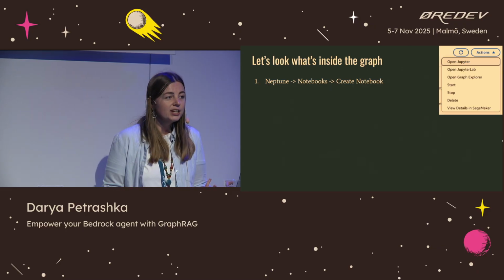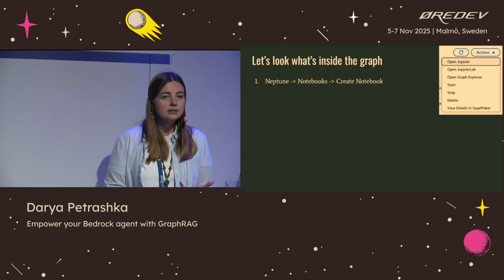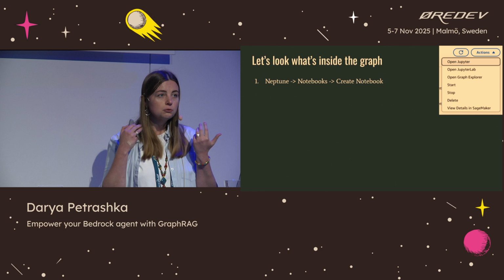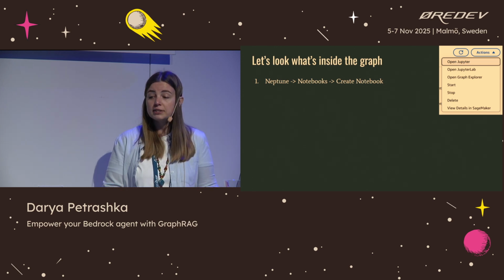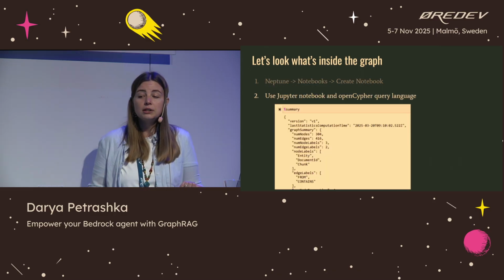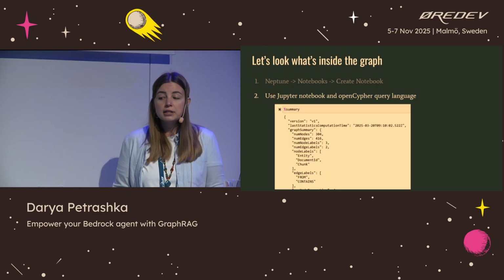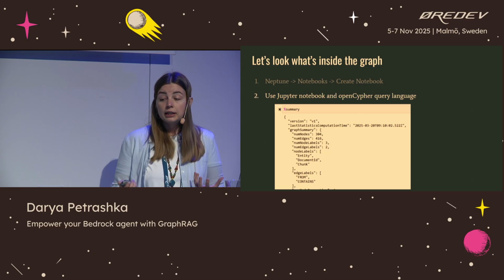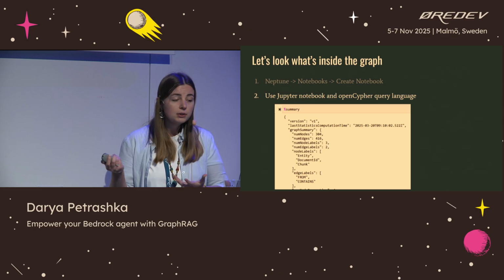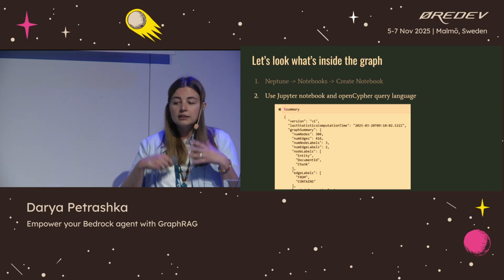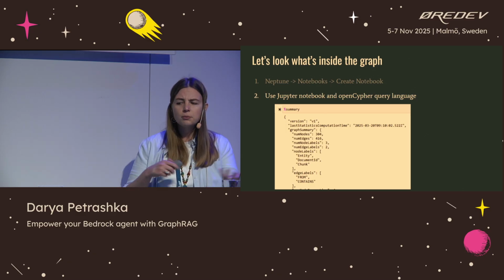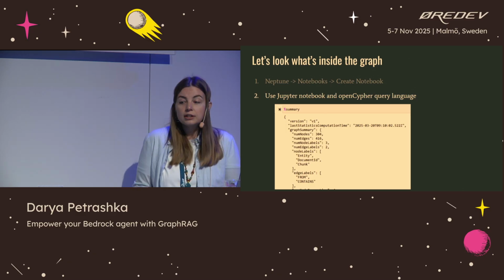The resource was created when you created the knowledge base, but you can go to Neptune itself, to the notebook section, and you can click Create Notebook, and then use Jupyter Notebooks and the openCypher query language. They have a number of magic commands, like you see here, summary, and I can have at least a high-level understanding of how many nodes there are, how many edges there are, what was created for me.